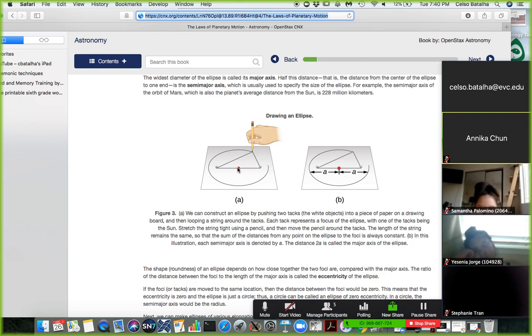So there is a mathematical way to explain or predict these points, but we don't care so much for that. So an ellipse has a semi-major axis, which is this distance over here, and a semi-minor axis, which is the smaller distance. So an ellipse is a little bit flattened, as you see. The semi-major axis is bigger than the semi-minor axis, or the major axis is bigger than the minor axis.